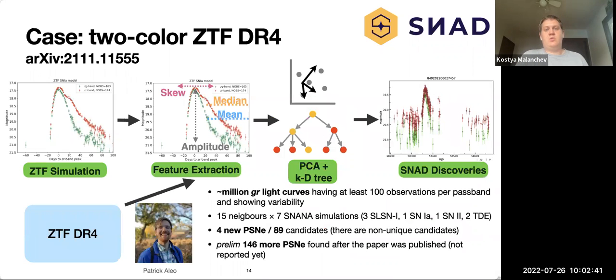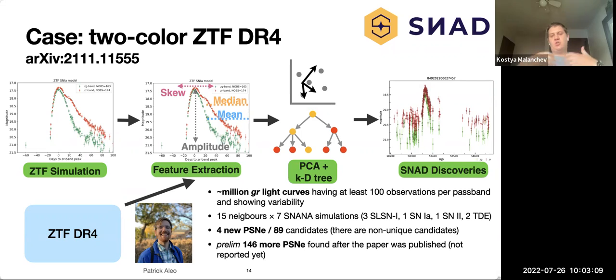And we did it with a bit different dataset. It was ZTF DR3 light curves. Initially we used SNAD simulations and found nearest neighbors to these 7 different simulations: super-luminous supernova, Ia, II, and TDEs, and found 4 new supernovae.